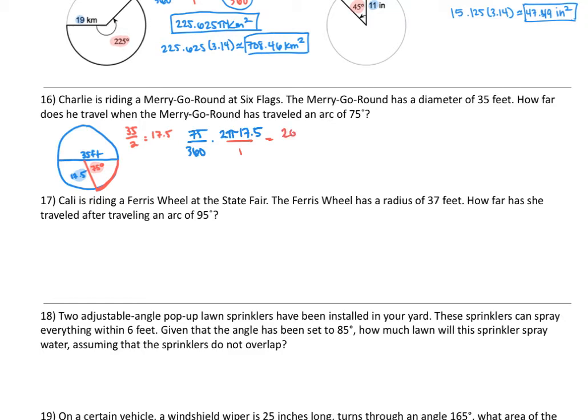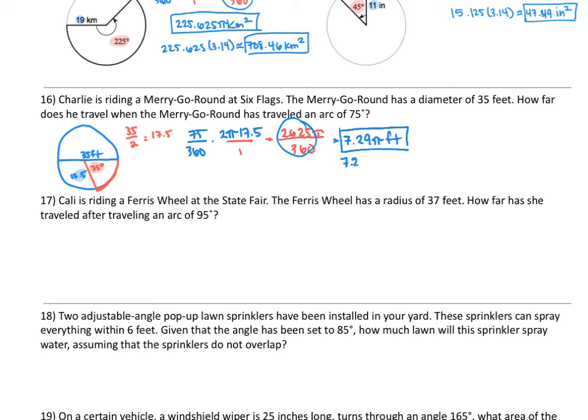We get 2625 pi on top over 360. And then we divide here, so divide by 360, about 7.29 pi. So there's my answer in terms of pi.